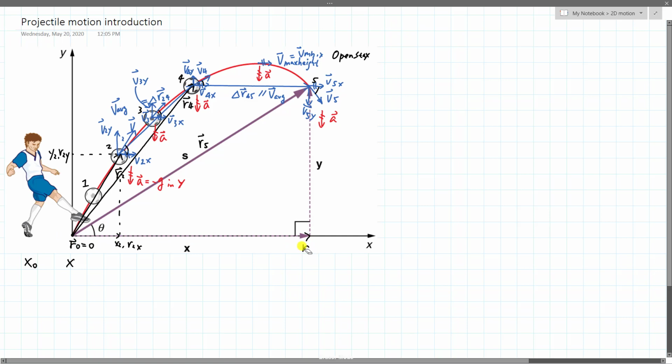So let's use r5x or x5, right? So x0 and x. Now we also have y0 and y. The y0 in this case is 0. In other examples it may not be 0. And y is this right here, so this height. This height is y5 or r5y.